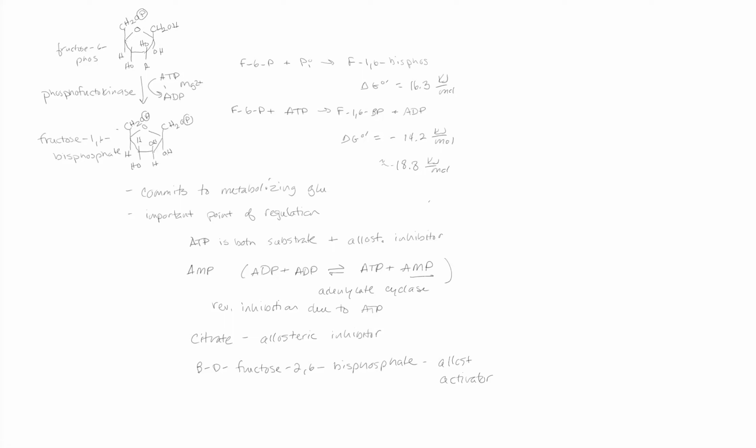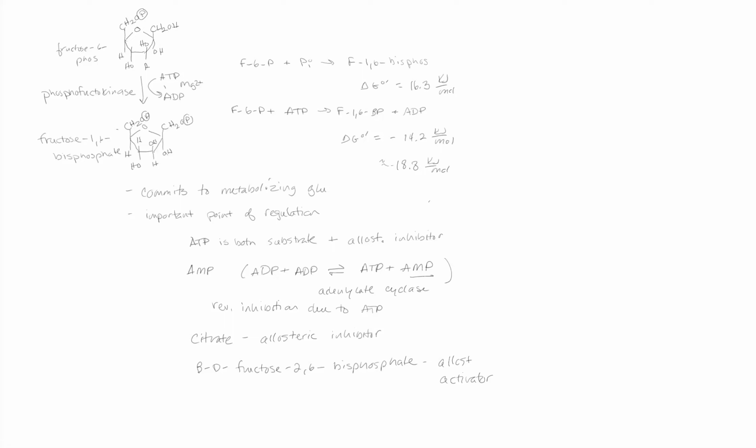So ATP is both a substrate and an allosteric inhibitor. It is regulated by AMP, which reversibly reverses the inhibition of ATP, and is also tied to the TCA cycle via citrate, which is an allosteric inhibitor, and is additionally allosterically activated by beta-D-fructose 2,6-bisphosphate.